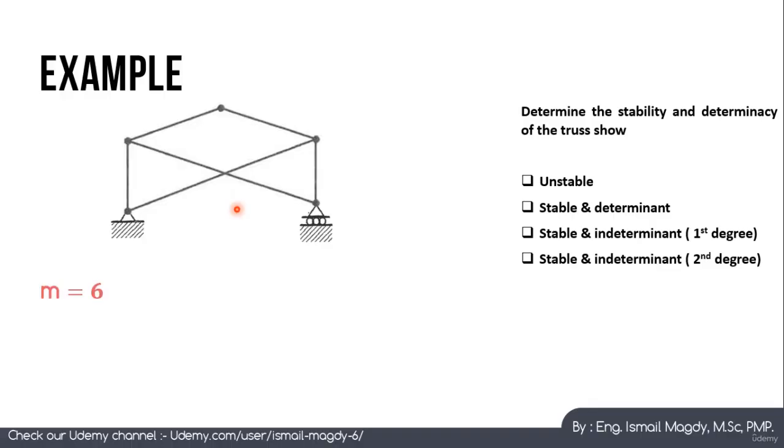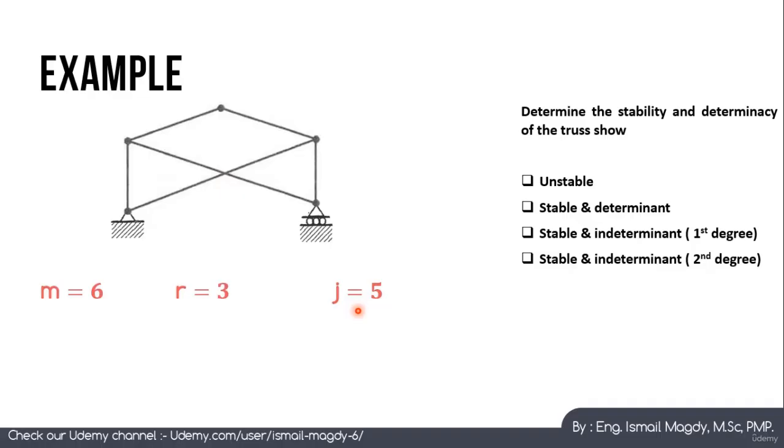Now we need to calculate the number of reactions. We have here 2 reactions because this is a hinged support. Here we have only 1 reaction because this is a roller. This means that R equals 3. After that, we calculate the number of joints. We have 1, 2, 3, 4, 5. And we said that this is not considered a joint because we can't see a dot here, so this means that they are not connected.